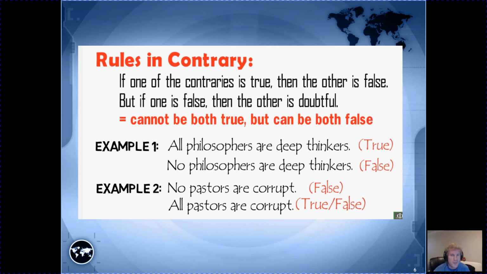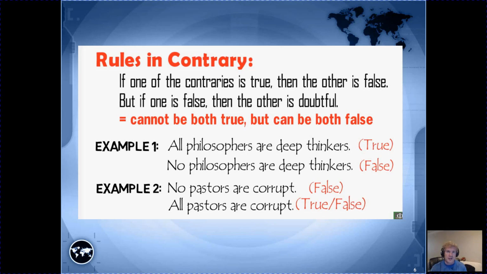It could be that all pastors are corrupt, or it could be that some pastors are corrupt. But if you notice with the contrary, it's using the words all, and it's using the words no. These are universal words. Okay? All, everyone, everybody, nobody, it's universal.